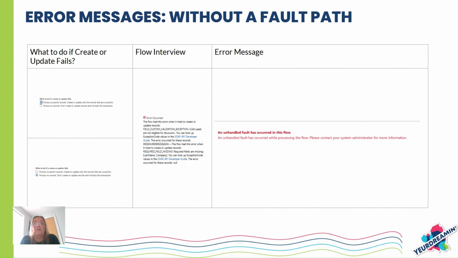If you don't choose to use a fault path, you do get a failed flow interview. Obviously, that explains that a custom validation error has been hit. But the message back to the user is pretty unhelpful. It just tells them that an error has basically occurred.